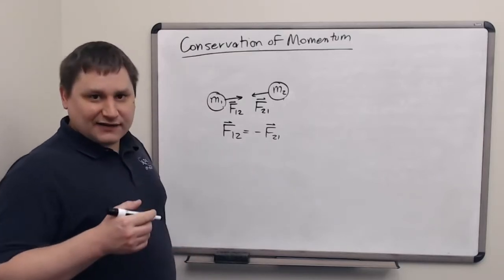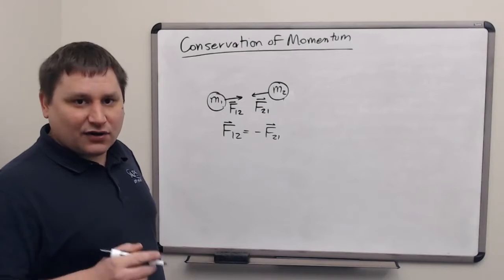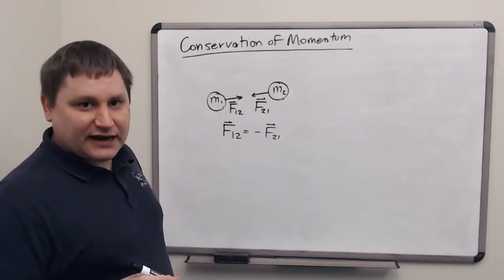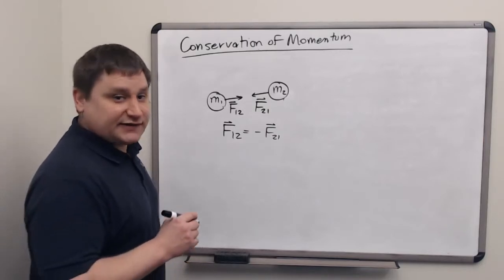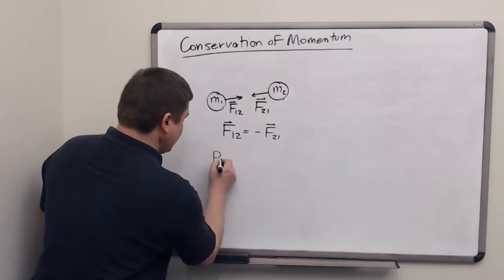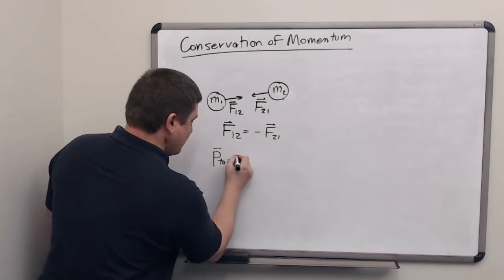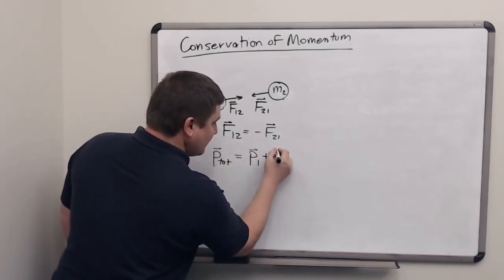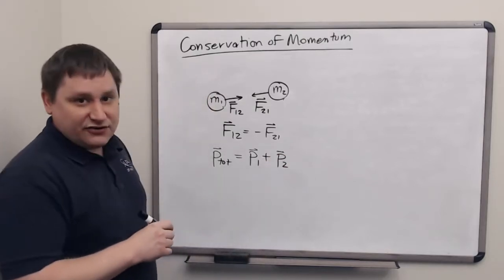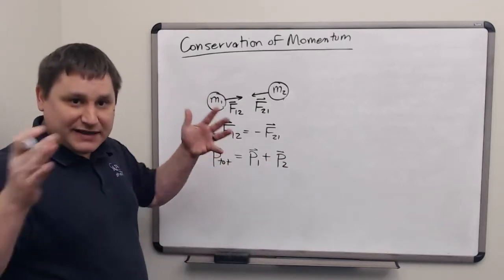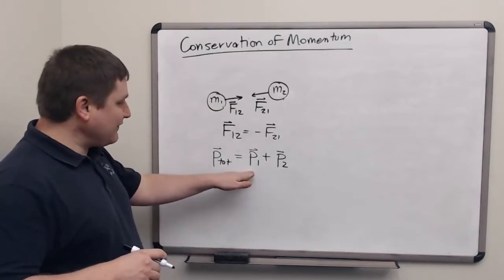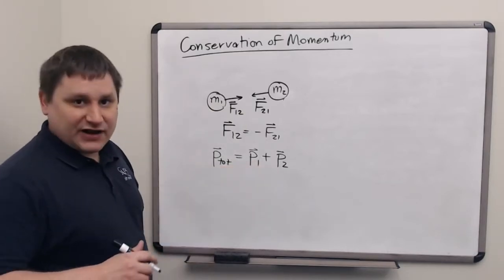So now let's express Newton's third law in terms of momentum. To do this, I'm going to form a quantity that I call the total momentum of the system. The total momentum is always defined as the sum of the momenta of each object that's considered to be in the system. So here with two objects, I'll have momentum of object 1 and momentum of object 2.